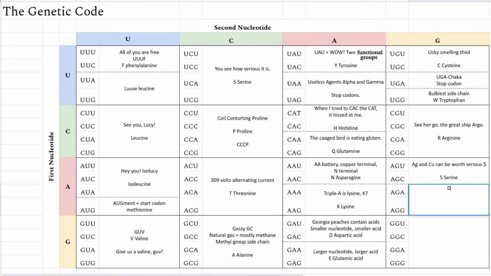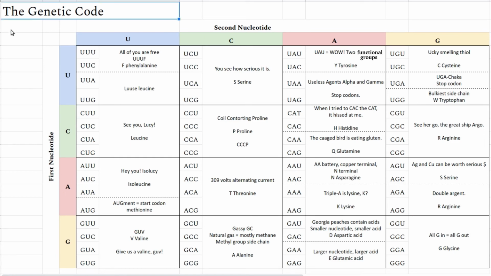The AG half block is double silver or double argent. So we find arginine again. Finally, there is only one letter that does this. If we feed in all G's, we get all G's back. G is both guanine and glycine, and the GG block codes for glycine.